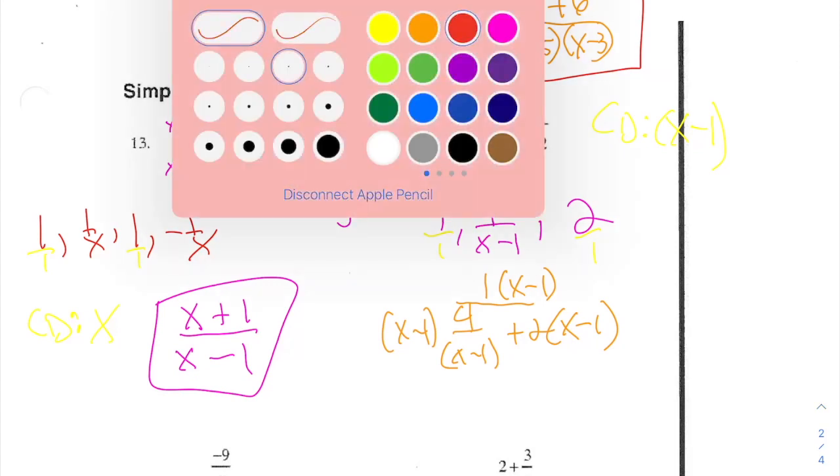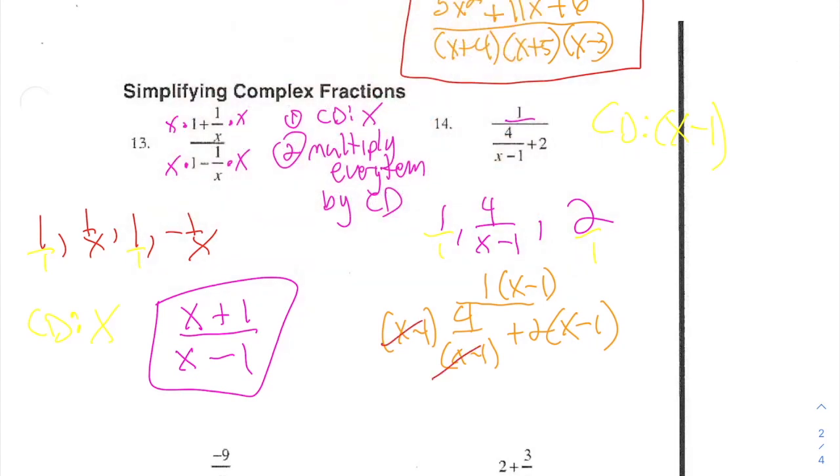And because of this, we see that these will cancel, and you get 1. And so now, if you notice, we're not going to have any fractions other than the original fraction, which is one numerator and one denominator, because my numerator becomes x minus 1, and my denominator becomes 4 plus 2x minus 2.